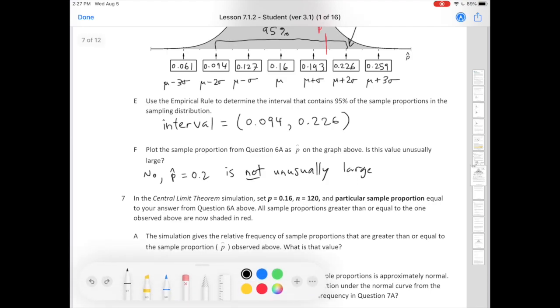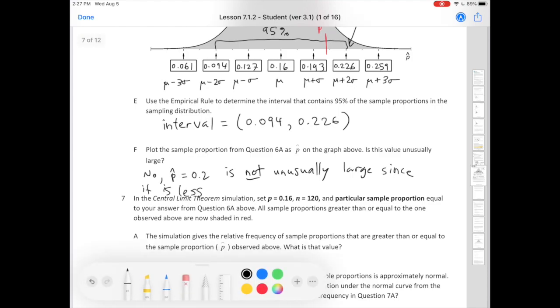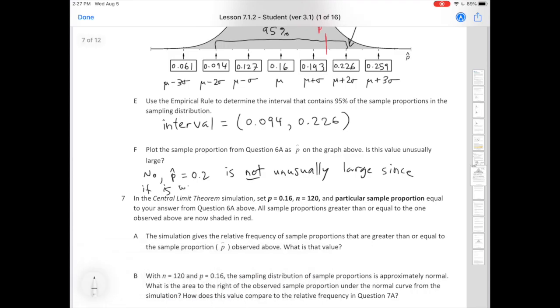Is not unusually large since it is, let me write it this way, since it is within 2 standard deviations of the mean.